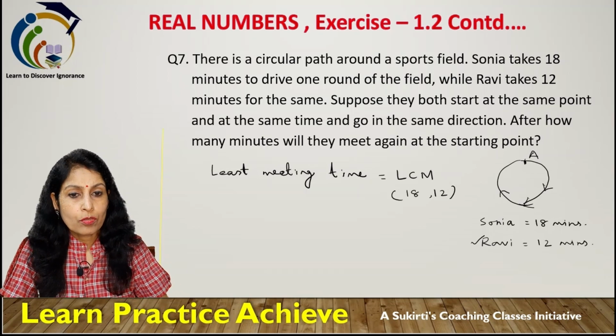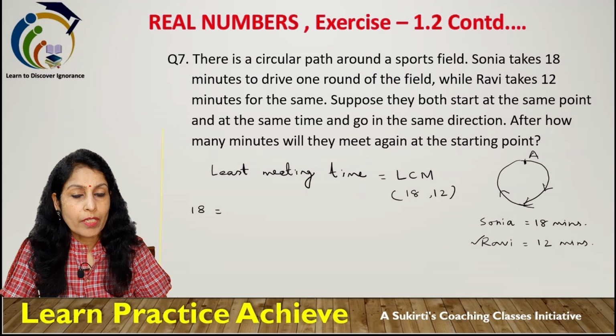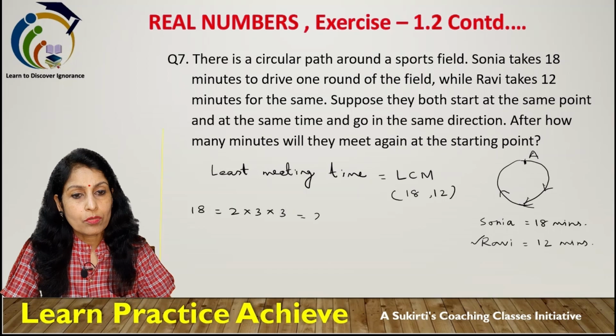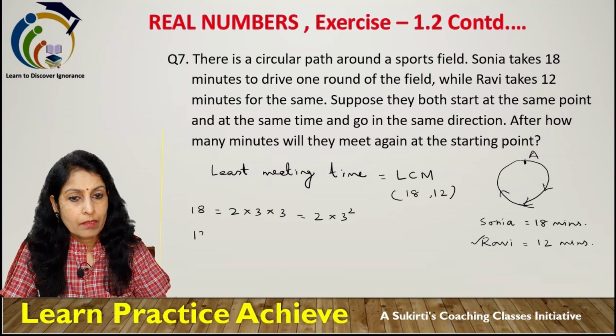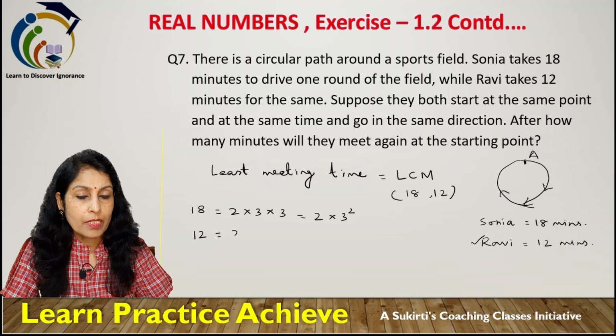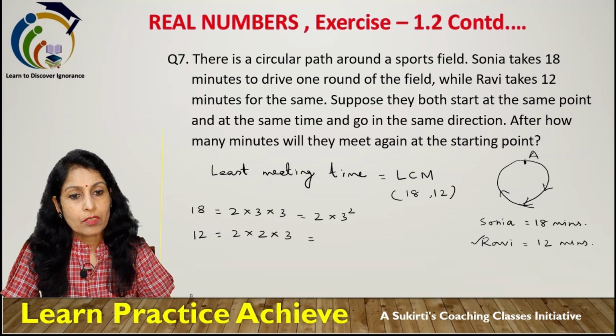First find out the prime factorization of 18. 18 is equal to 2 into 3 into 3, that is equal to 2 into 3 to the power 2. And prime factorization of 12 is 2 into 2 into 3, that is equal to 2 to the power 2 into 3.